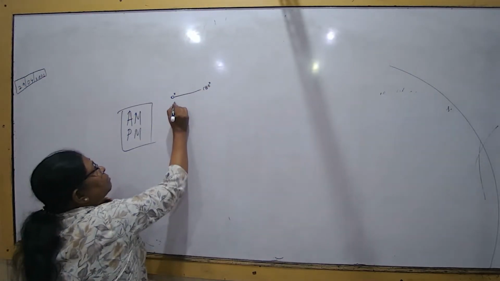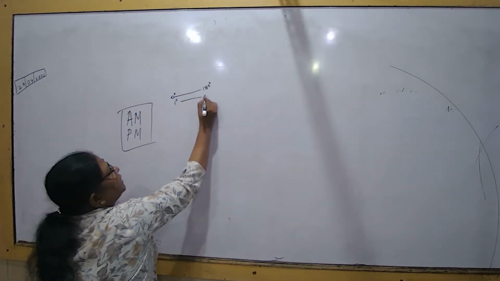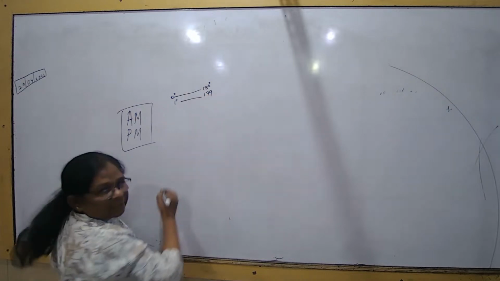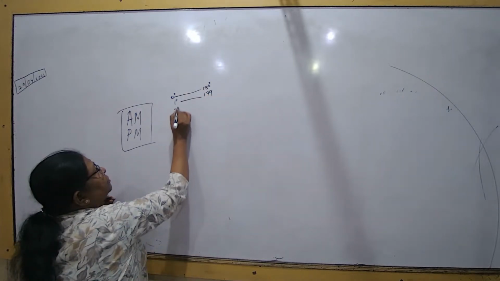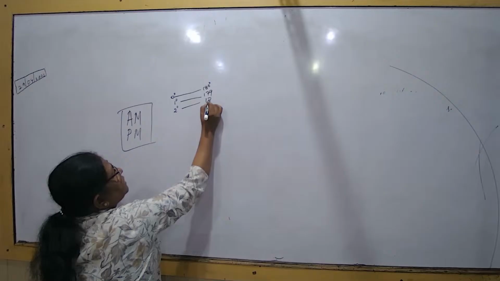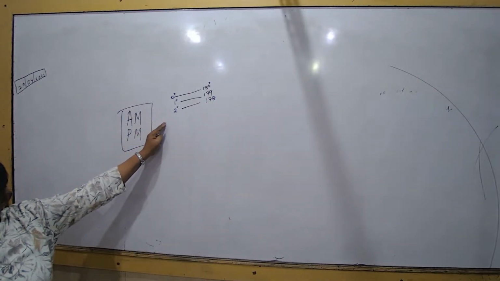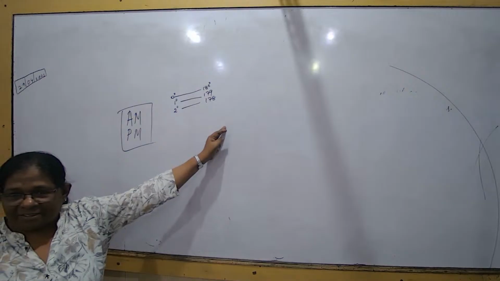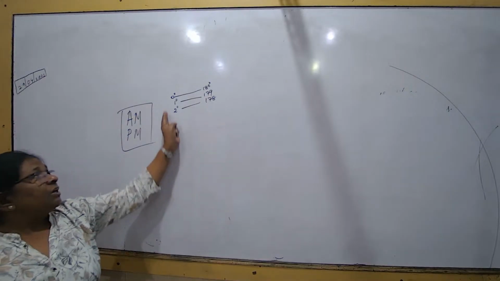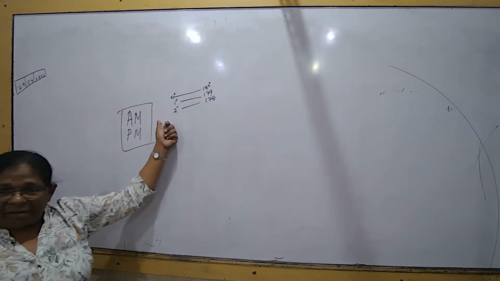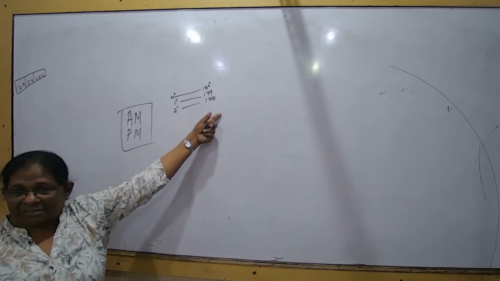So when we are moving to 1 degree, that will come 179. When we move to 2 degrees, 178. Understood? That will be there. Total is 180 degree, and when it is 1 means 179.